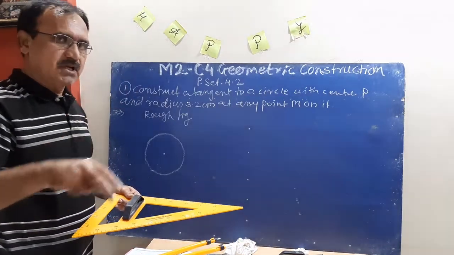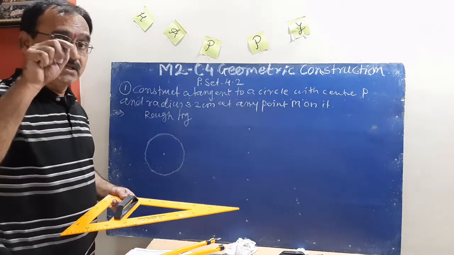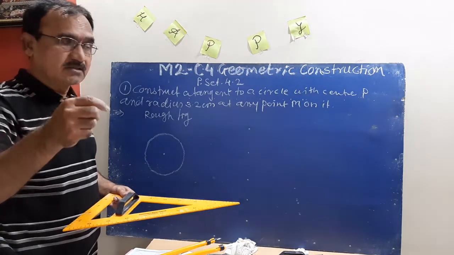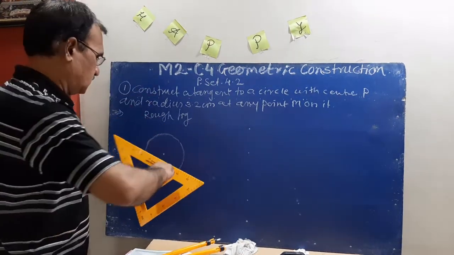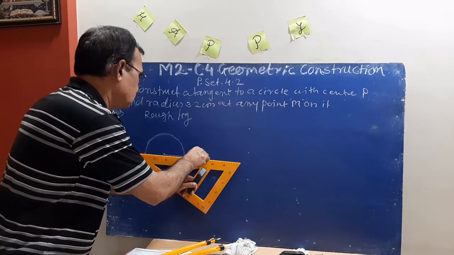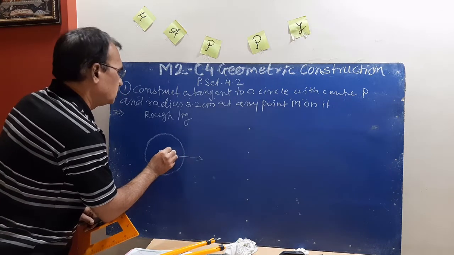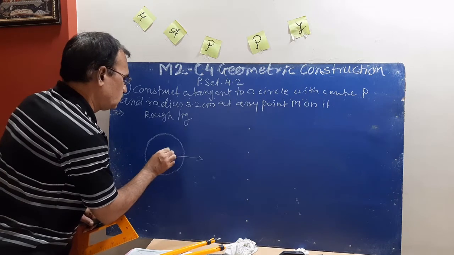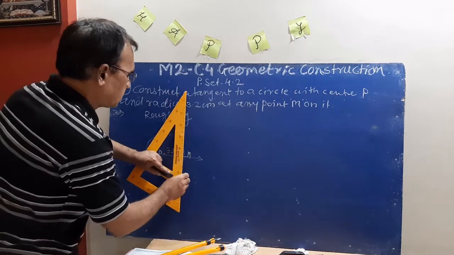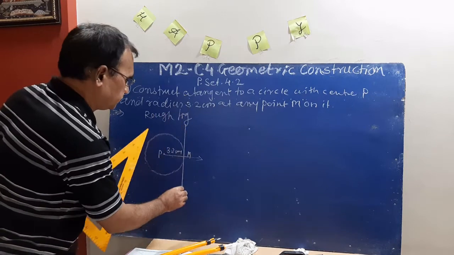Without using center, and using center, is not specified here. If it is not specified, then you can use any one method which is easy for you. Which method is easy for us? With using center. Very good. This is center P and this is radius 3.2 cm. Here is point M and we have to construct the tangent which is passing through point M.